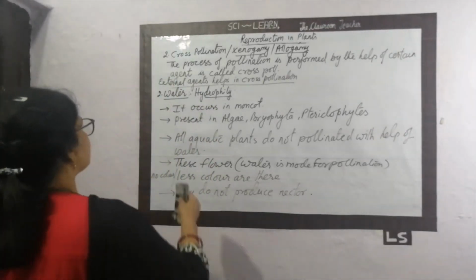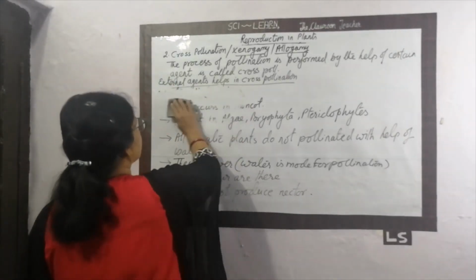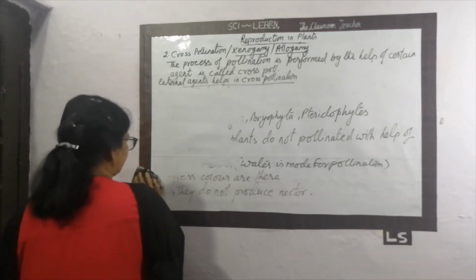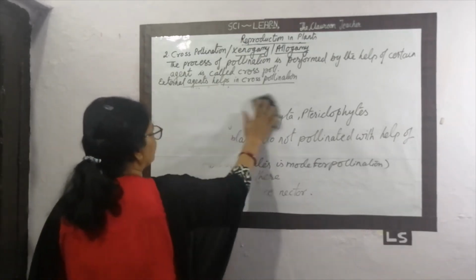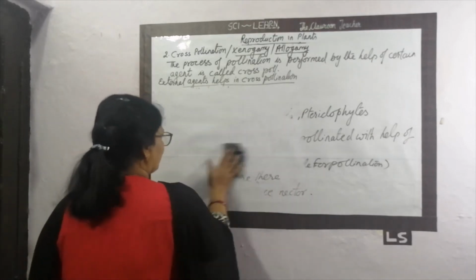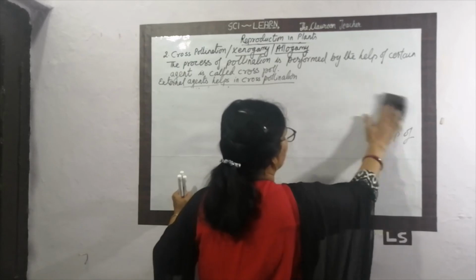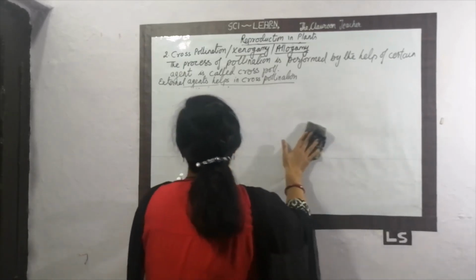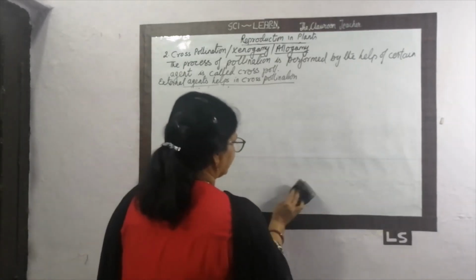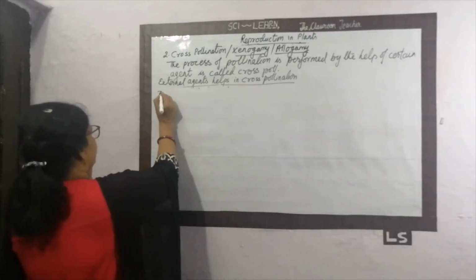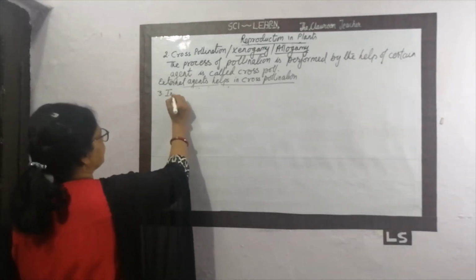Okay. The next type of pollinating agent, I already told you, lots of pollinating agents are there. These two are given in the CBSE course. You have to study them in detail. But for some, you need to know only the name of the pollinating agent. The third pollinating agent is insect.